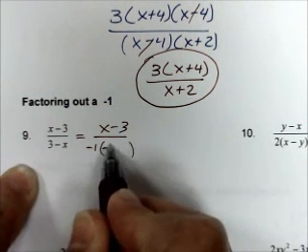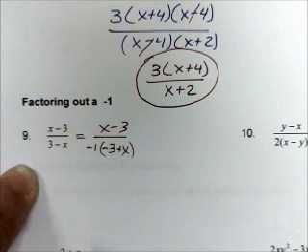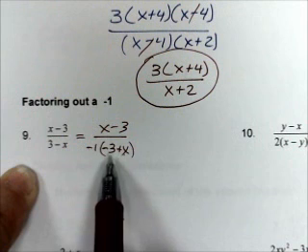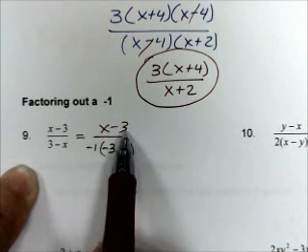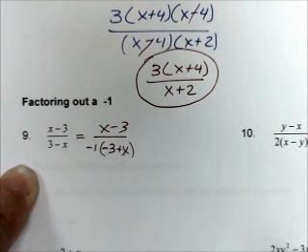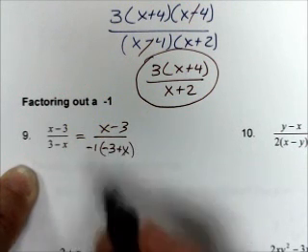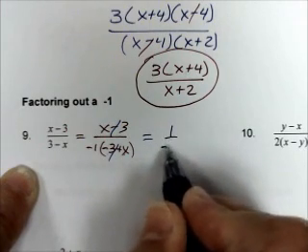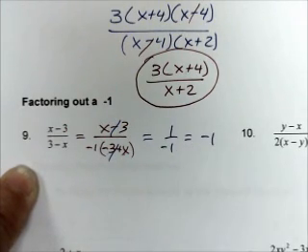I would have -3 plus x. Well, now -3 plus x is the same as x minus 3, right? So these would divide out, and we would just be left with 1 over -1, which is simply -1.